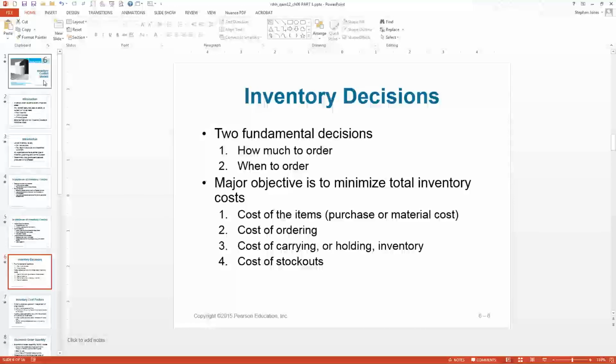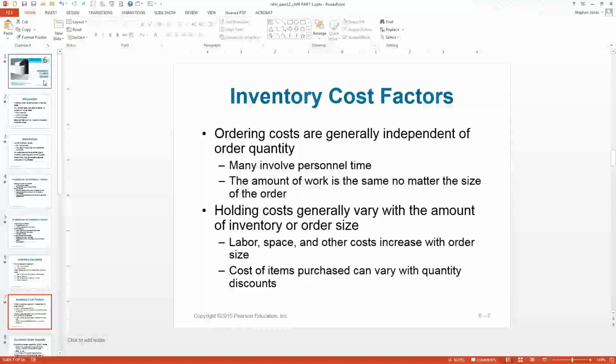We're going to look first at the how much to order, and then we'll look at when to order later in this chapter. So if you're going to lower your inventory cost, then whenever possible, you need to make sure that the cost of the items is as low as possible, ordering is as low as possible, carrying, holding inventory, like insurance, etc., and any cost of stockouts are going to get minimized as well.